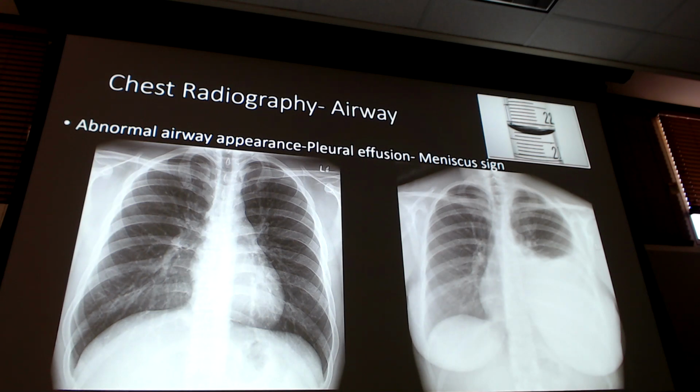Meniscus sign. I briefly showed it to you, but here's its own dedicated slide to show you the meniscus sign. Just like in chemistry class, when you used to fill up your little graduated cylinders and figure out how many milliliters. You just see this. It's the same concept.